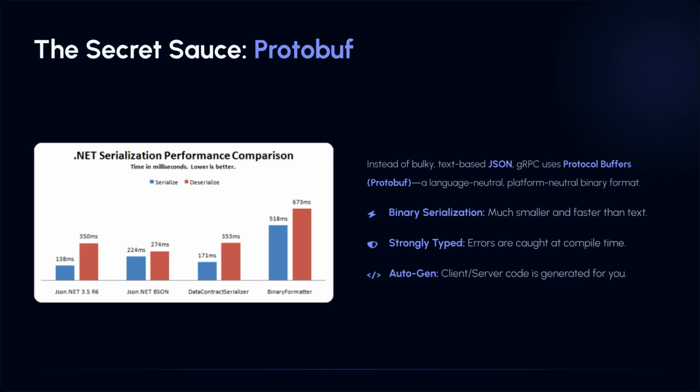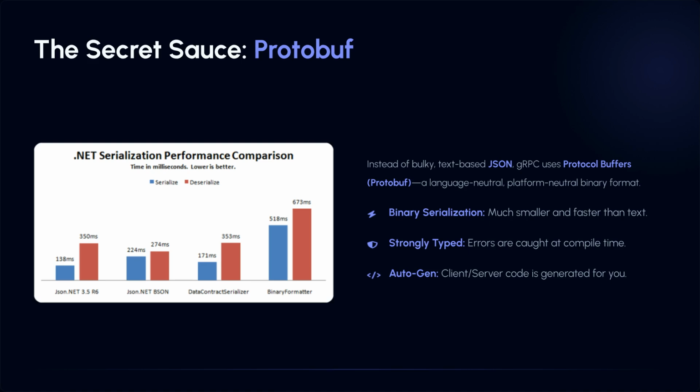Now, here's where things get interesting. Traditional REST APIs usually exchange data using JSON. JSON is human-readable, but it's also verbose. A lot of extra characters get transmitted over the network. gRPC uses something called protocol buffers, often called Protobuf. Instead of text, data is converted into a compact binary format.